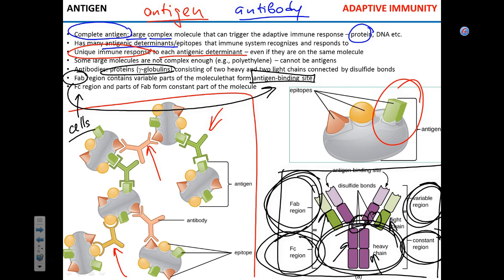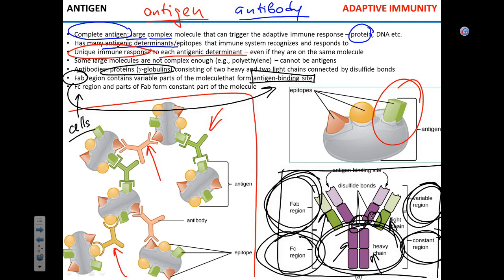So what is the function of the FAB region? Tell me, please. To bind the antigen. It binds the antigen. So why does it have to be variable? Because antigens can be different things. Many different antigens. Very good, yes.